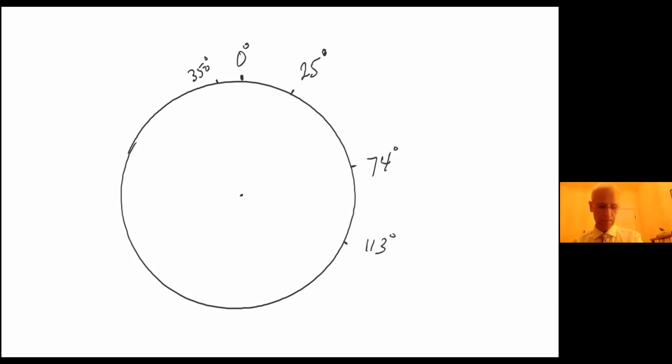So the first part was certificate of deposit, or CD, and then the next part was a total of 49 degrees for the second part, and that was stocks.